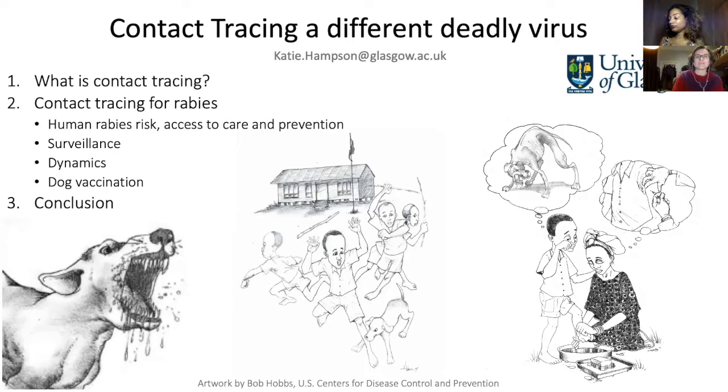And then I'm going to run through lessons that we learn in relation to the risk of rabies, the number of people who die from the disease, what we've learned in terms of rabies surveillance, the transmission dynamics, control of rabies, and a short conclusion.